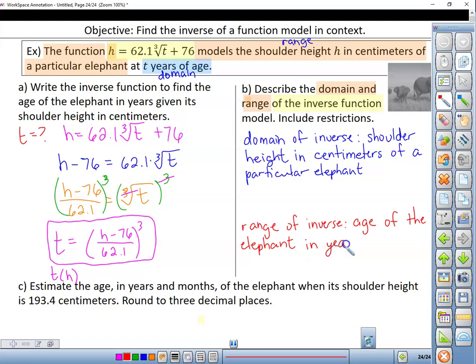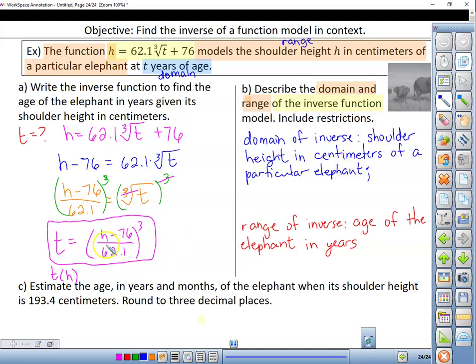All right, now let's talk about restrictions. So going back to our shoulder height in centimeters. This requires a little bit of mathematical analysis because we want to think, okay, well, shoulder height needs to be positive, greater than 0, which is true.